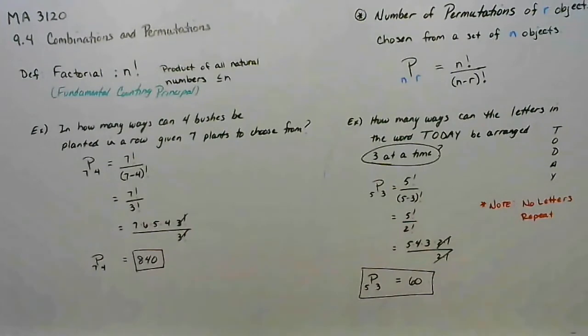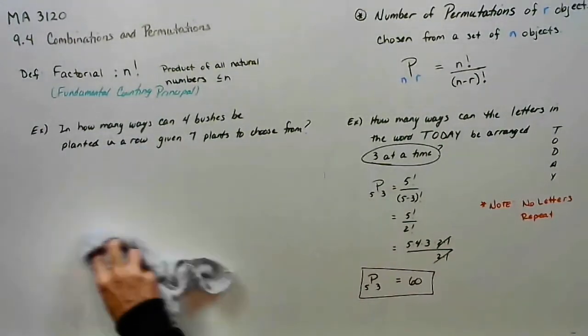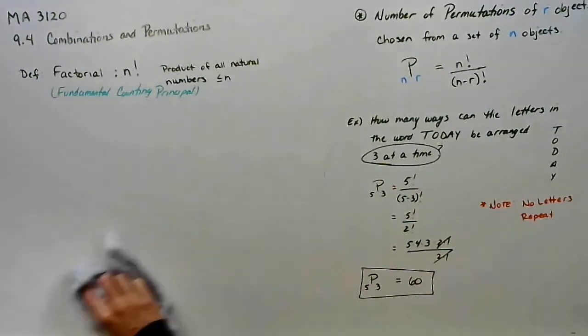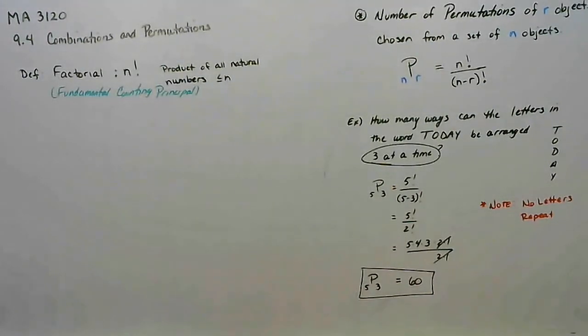And just like we did when we were working with mutually exclusive or not mutually exclusive, if we have repeats, we have an overlap. So we may have to keep that in mind.